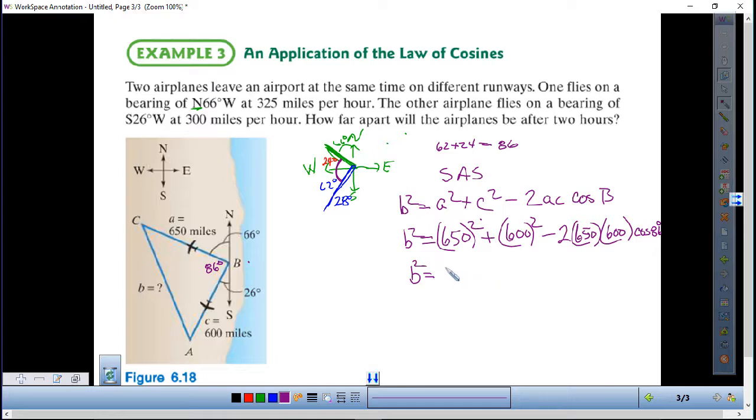Right, and I get that b squared is 728,089.9505. All right, and then I have to take the square root of that to actually find out what b is.